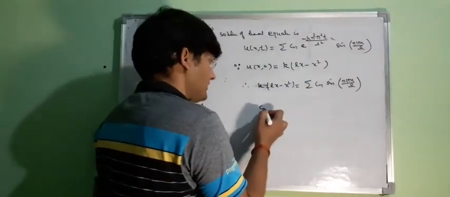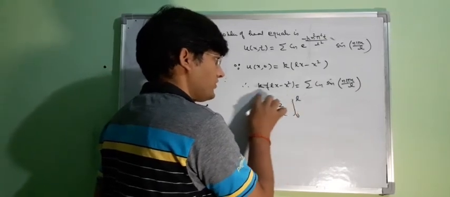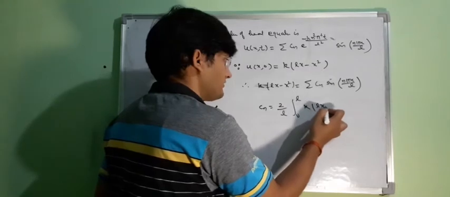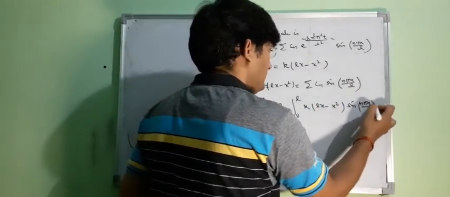If this is your half range sine series, then the coefficient Cn will be 2 upon L, integral 0 to L, into your f(x). f(x) is k(Lx minus x square) into sine n pi x upon L dx.